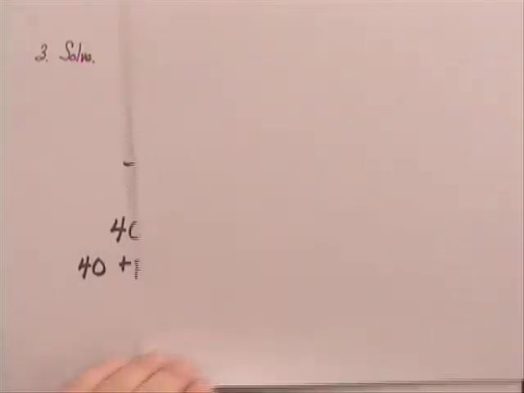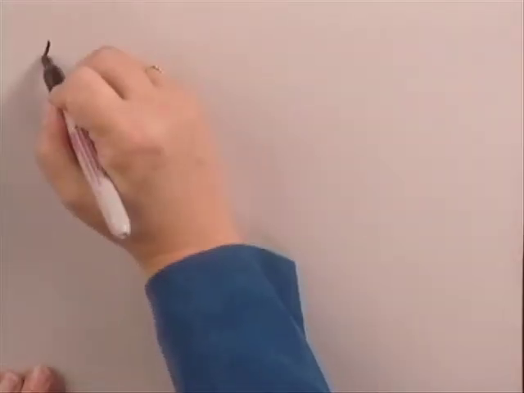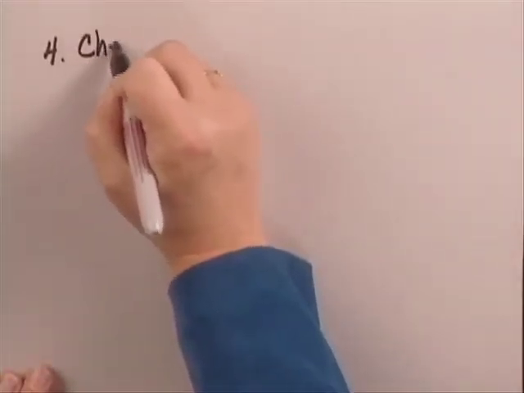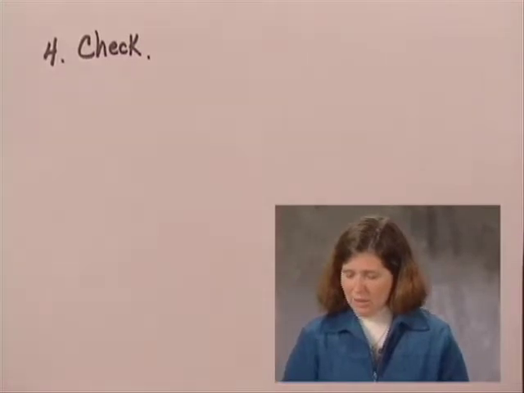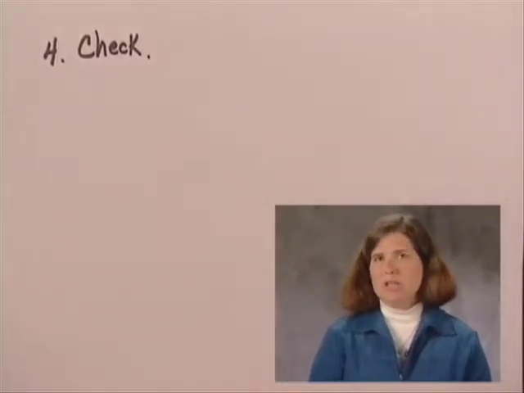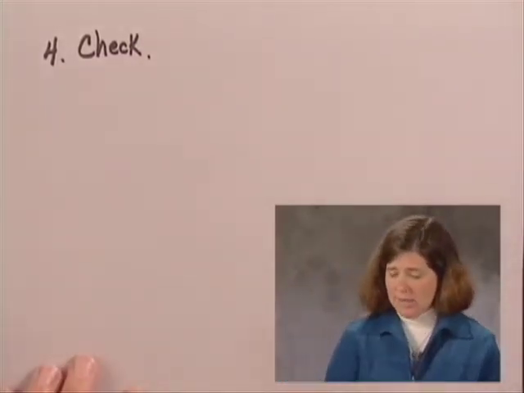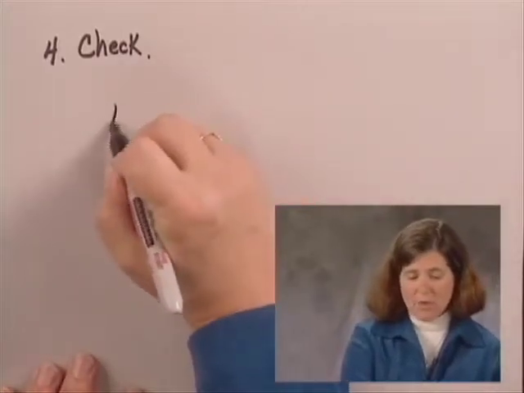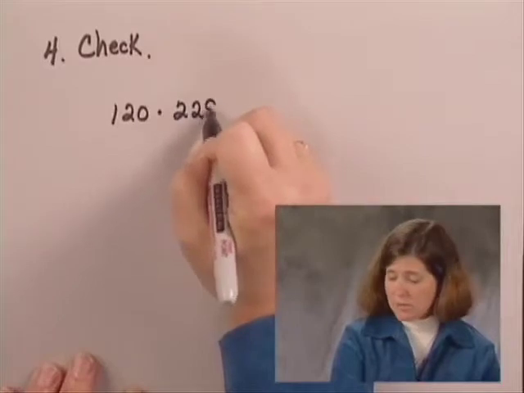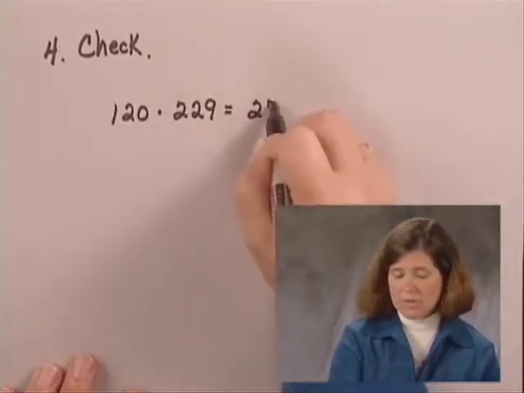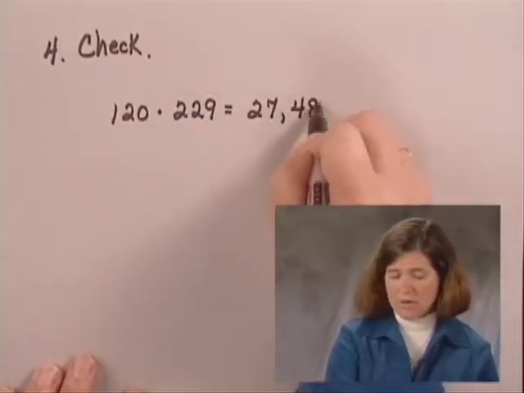Now to check the answer, we can actually approach the problem a little bit differently. We can look at the problem, how much would she have paid back in 10 years? In 10 years, she would have paid 120 payments times $229 a month, or $27,480.